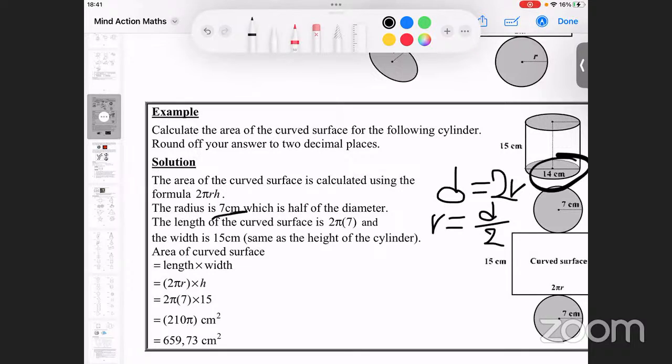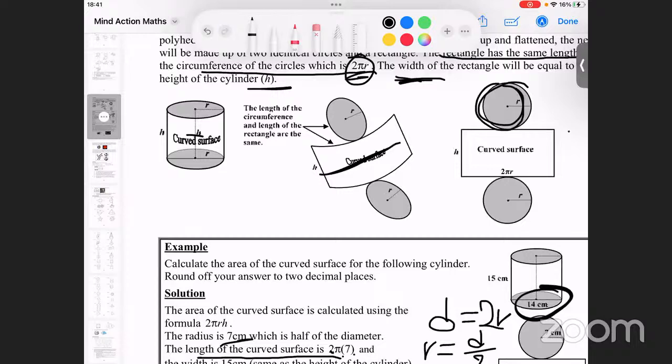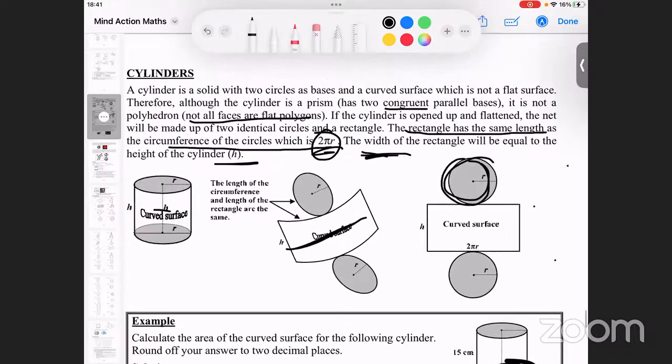And then the length of the curved surface is 2 pi r. So you remember the formula that they've given us here: the rectangle has the same length as the circumference of the circle.